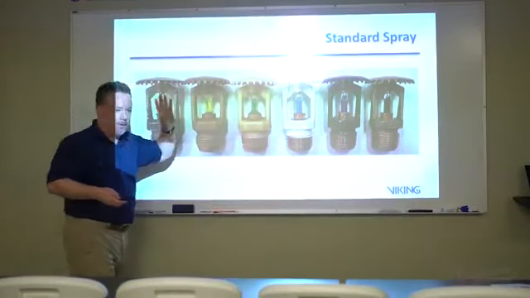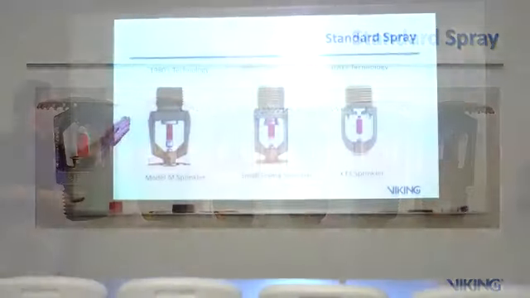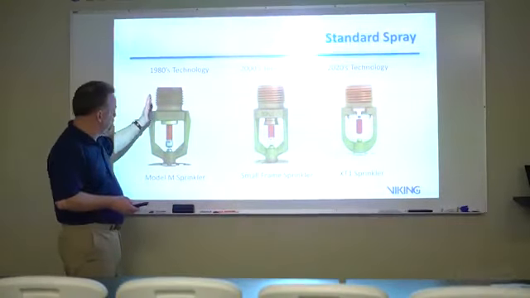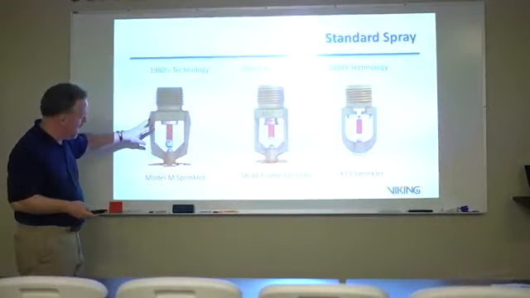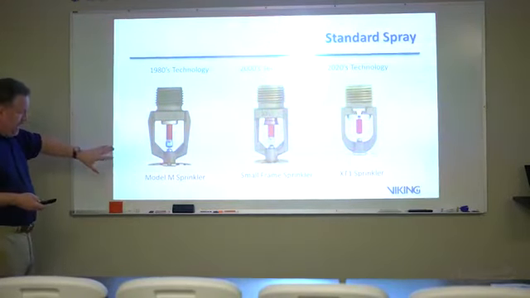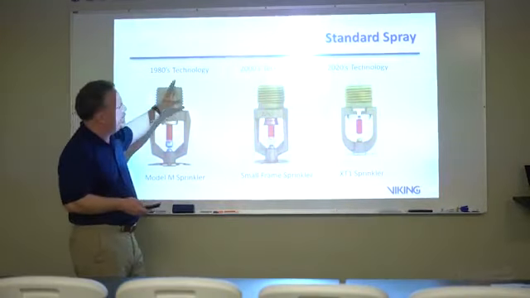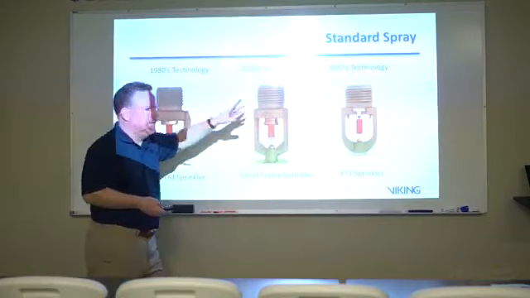Basically, over that time was the standard spray sprinkler. These were standard from the 50s on into the 70s or so, when we started to see development of different types of sprinklers. When it comes to this standard spray pendant sprinkler, you take a look at what's happened over the decades.